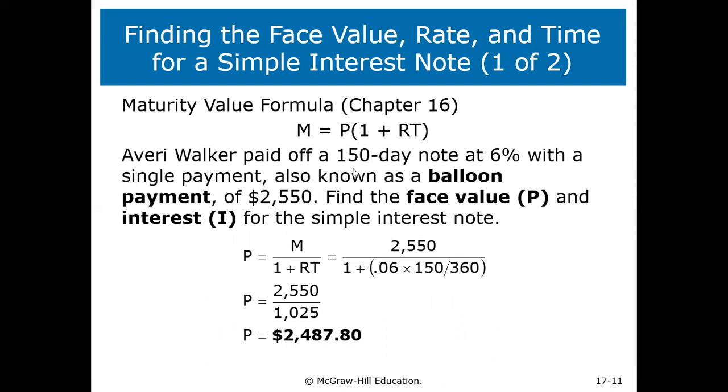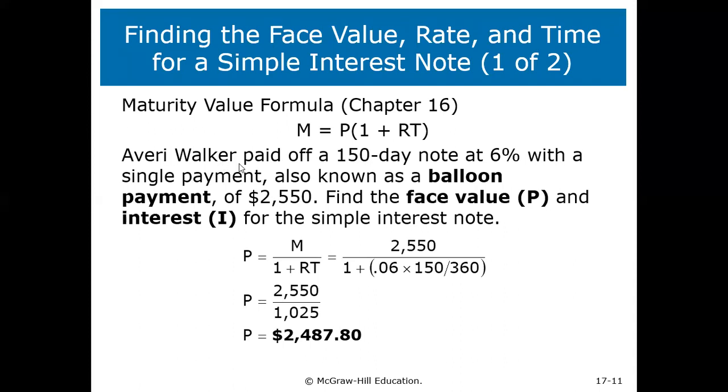Here, Walker paid off a 150-day note at 6% with a single payment, also known as a balloon payment, of 2550. Find the face value and the interest for the simple interest note. Okay, so we have here some terms that are used for the first time.